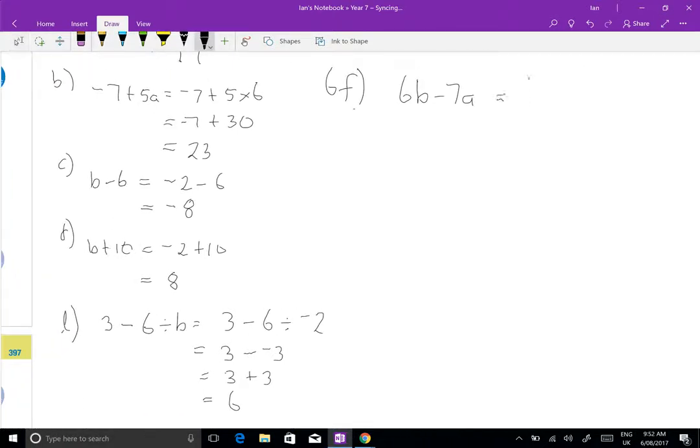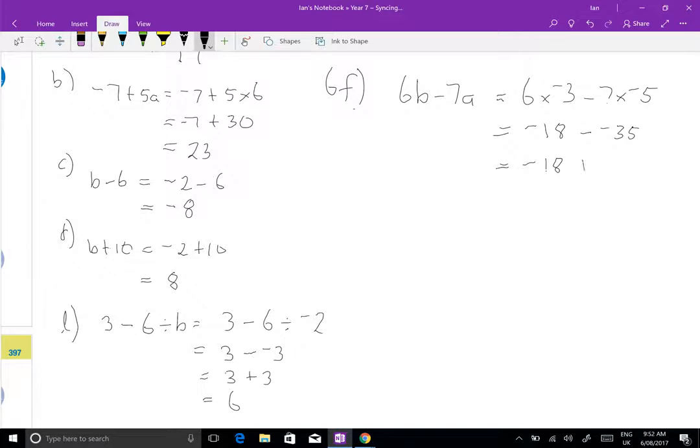So it's going to be 6 times -3 minus 7 times -5. Again, you do this on your calculator. Well, 6 times -3 is -18. Minus 7 times -5 is -35. Well, that's -18.